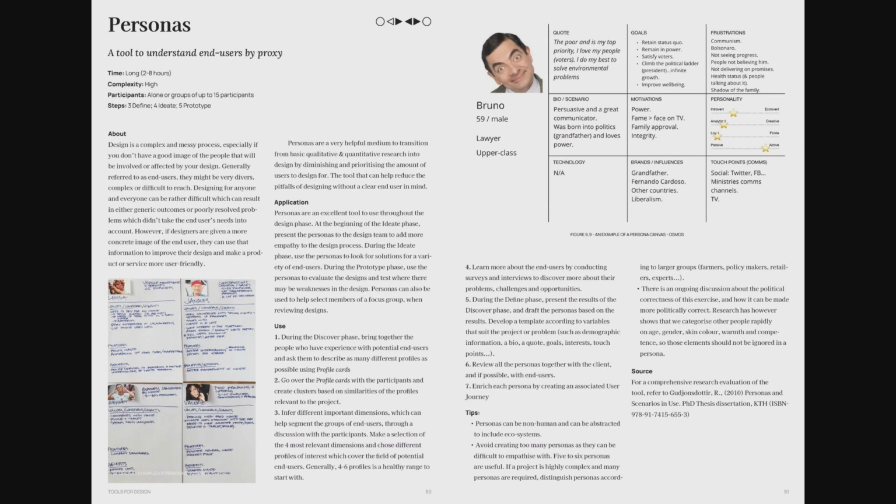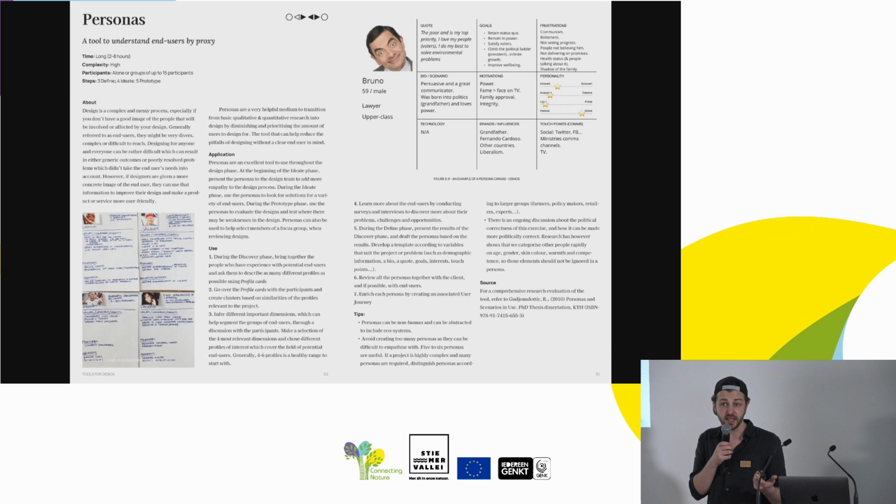You don't want to design for the entire population of the city of Genk, but you want an image of the key players, so that you know what kind of needs they have and what you're going to have to pay attention to when you design solutions, when you come up with ideas.